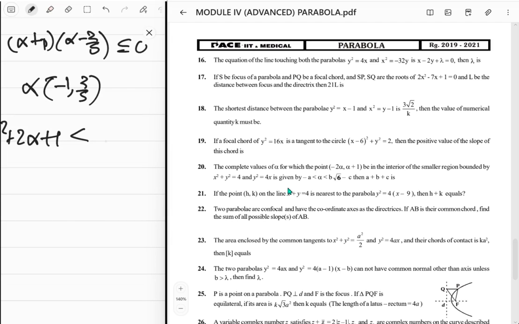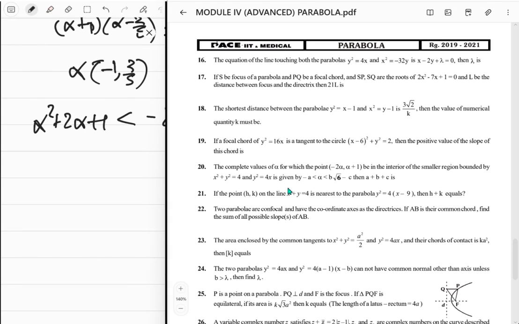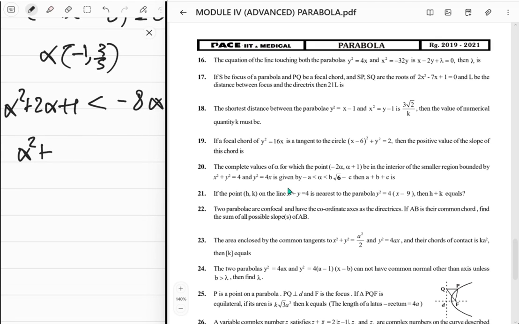That's unexpected. So minus 8 alpha. This is not looking good. Okay, so 10 alpha plus 1 is just 1, 0.